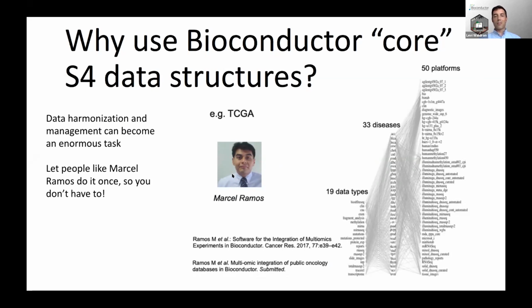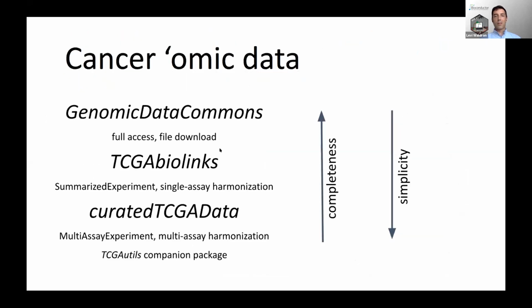Marcel is the creator of curated TCGA data and a number of other such curated resources that I'll go over a couple of. So just to put this in context, say, of the Genomic Data Commons, which Sean Davis told you a little bit about, this is a very complete resource that offers access to all of the files you can access from the Cancer Genome Atlas as well as from other studies.